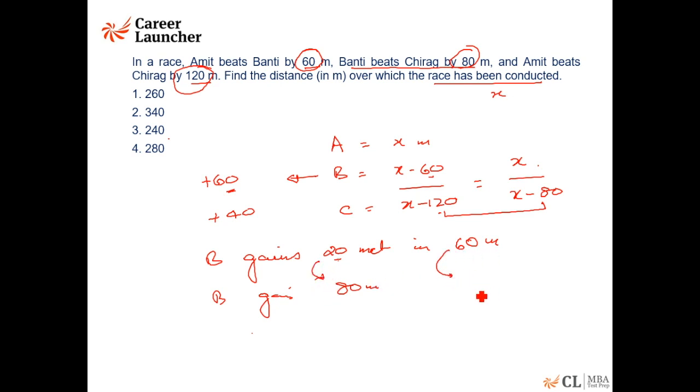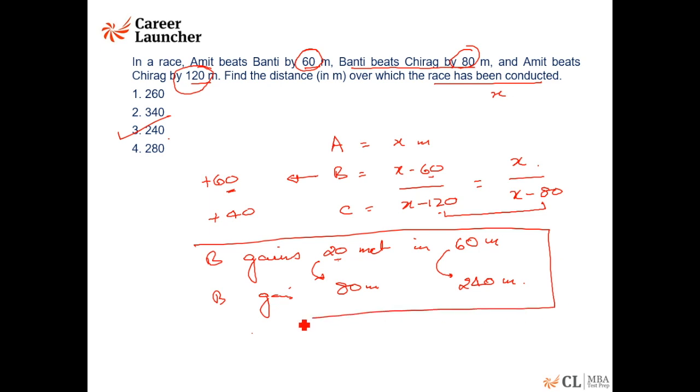So that means he would have run for 60 into 4, 240 meters. So the length of the race has to be 240 meters. If you are making the equation, please substitute the values from the choices into the equation. Otherwise, the right approach is to look at the gain rather than forming a quadratic equation and solving it and wasting time.